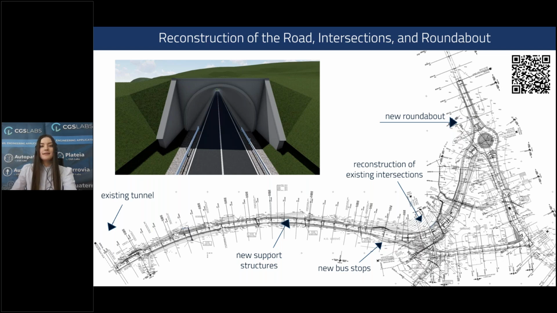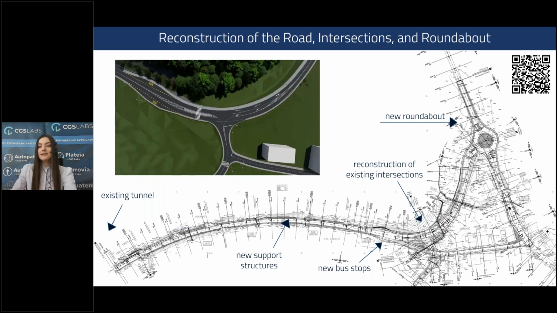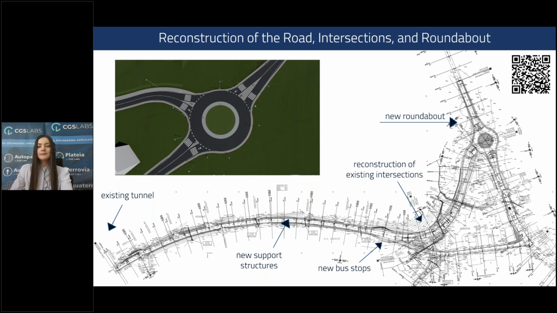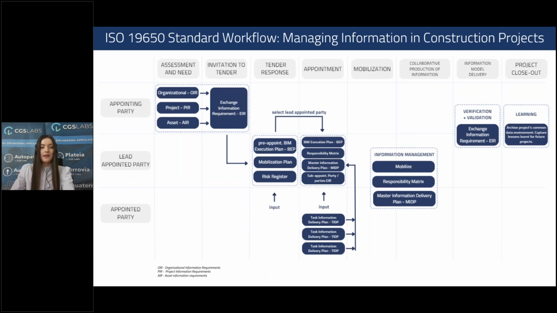This includes an existing tunnel, new support structures and bus stops. Additionally, we modeled 3 intersections and also a roundabout, and each of these infrastructure elements was entirely modeled using Platea software. Okay, to kick off, let's delve into the foundation of our approach.